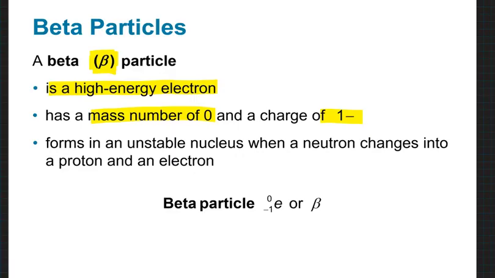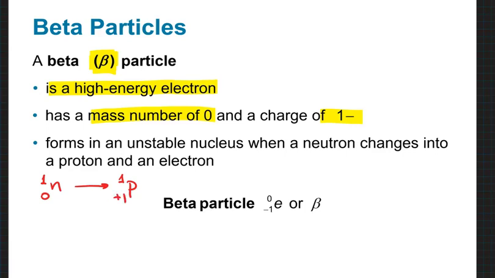So when a neutron with the mass of 1 and the charge of 0 changes into a proton with the mass of 1 and the charge of, sorry, +1, that's my bad.